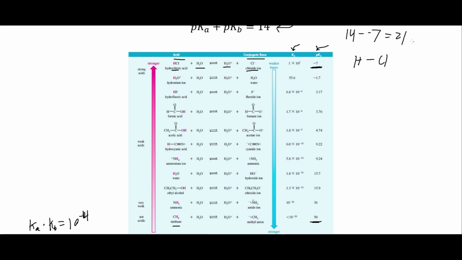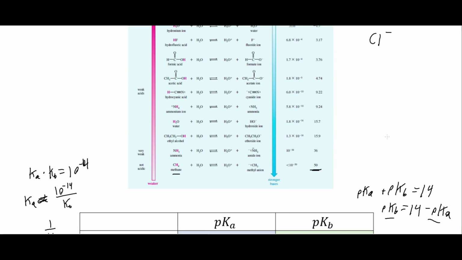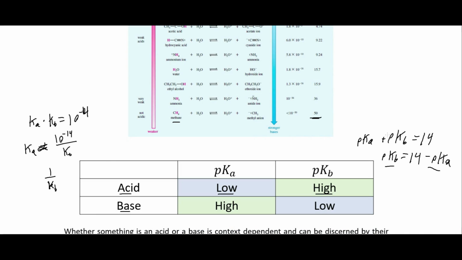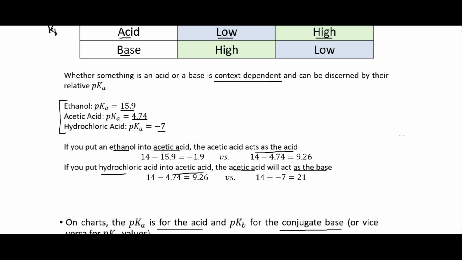That pKb is for Cl minus, the conjugate base of it. What we're interested in with this pKa and pKb here is this hydrogen right here, and whether this hydrogen is coming off of the chloride or being bound to the chloride. So these pKa and pKbs are for the acid and conjugate base, or for the base and conjugate acid.